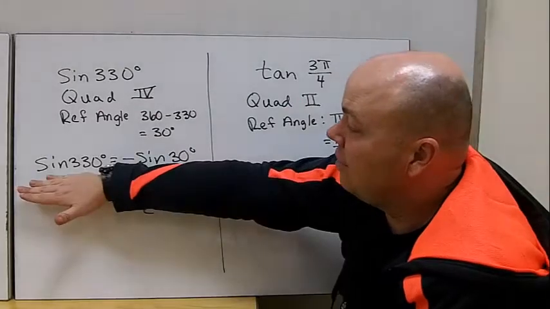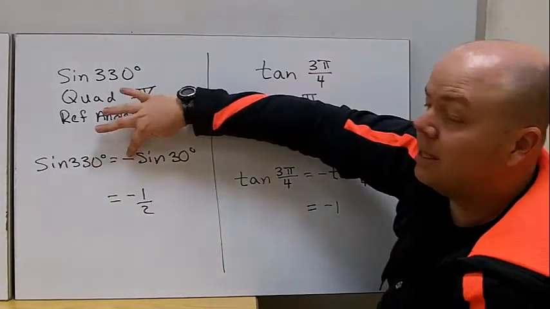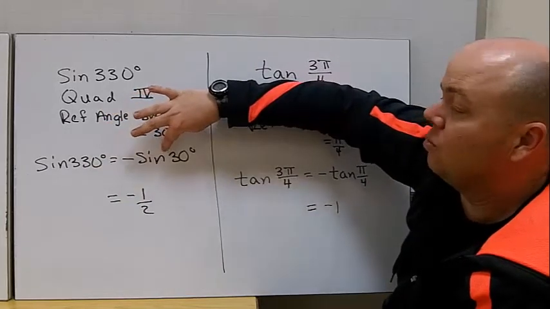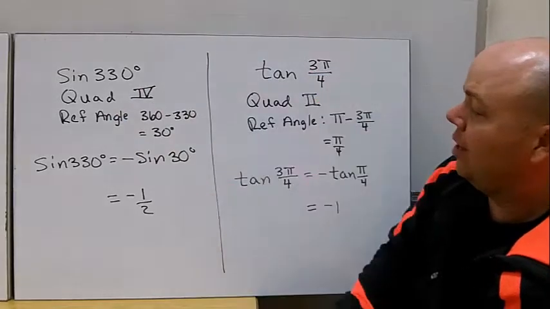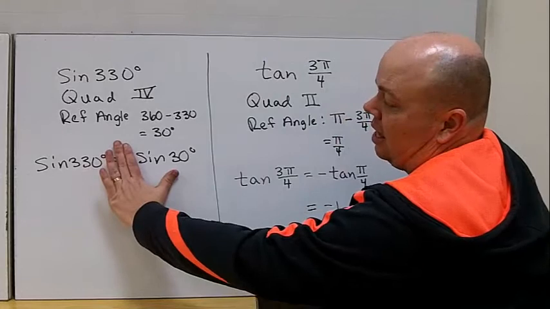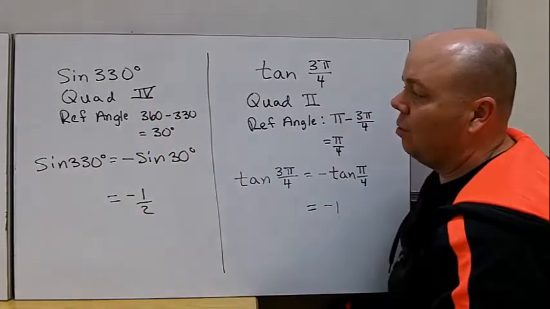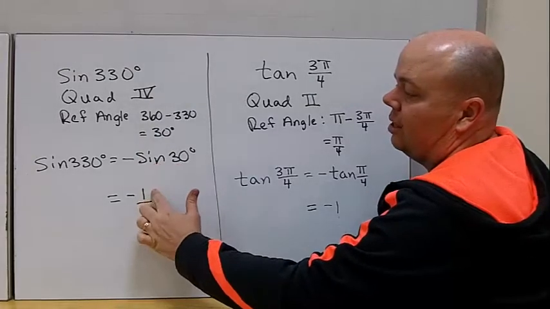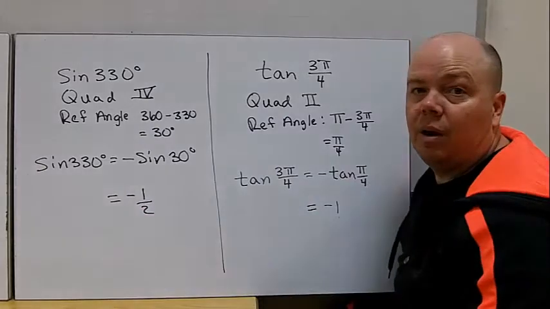So the sine of 330 degrees, since I'm in the 4th quadrant, is negative, but it's the same ratio as the sine of the angle in the 1st quadrant, 30 degrees. Sine of 30 degrees is equal to 1/2, so the sine of 330 degrees is equal to negative 1/2.